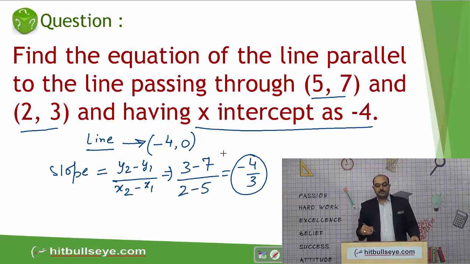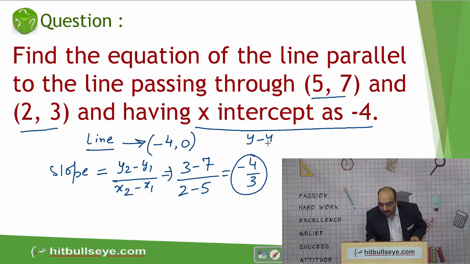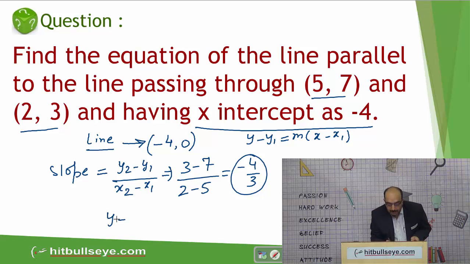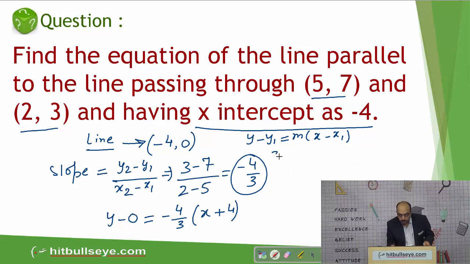Now we find the equation by using y minus y1 equals m into x minus x1. So y minus 0 equals m, which we have as minus 4 by 3, into x plus 4. So this would be 3y equals minus 4x minus 16.